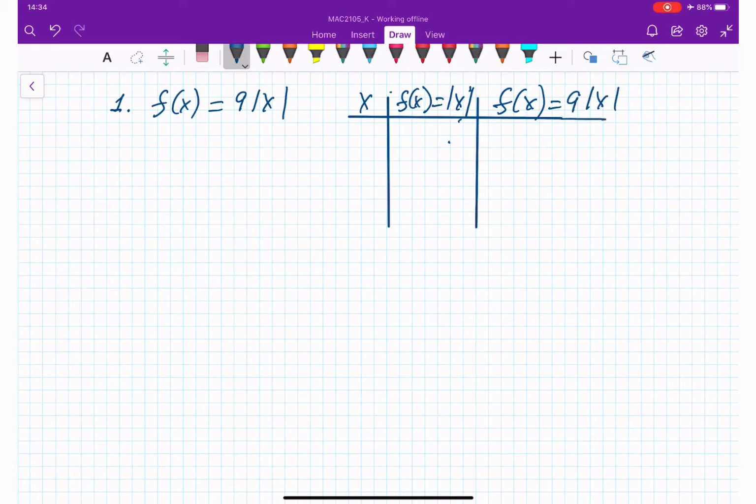Let me remind you that the number from under absolute value is always coming out positive. If I have absolute value of -3, I'm getting +3. If I have absolute value of +3, I'm getting +3. Why is that? Because absolute value is a distance, and distance we measure only positive.